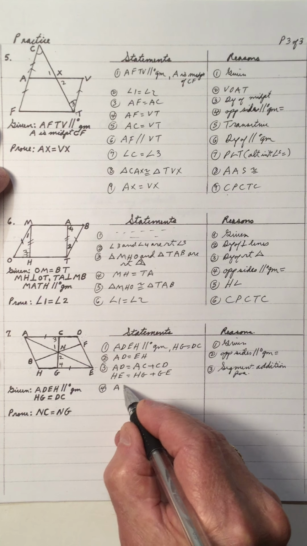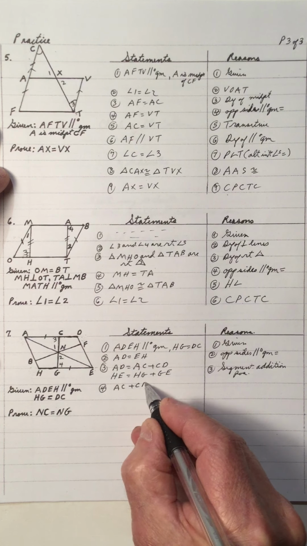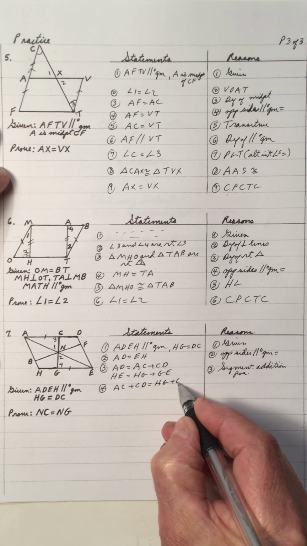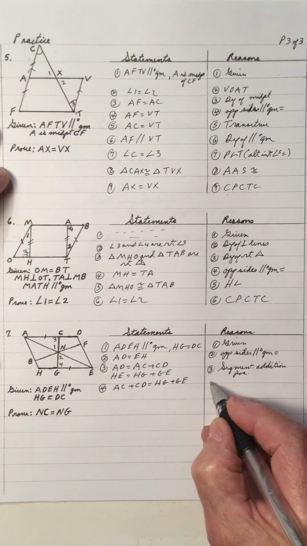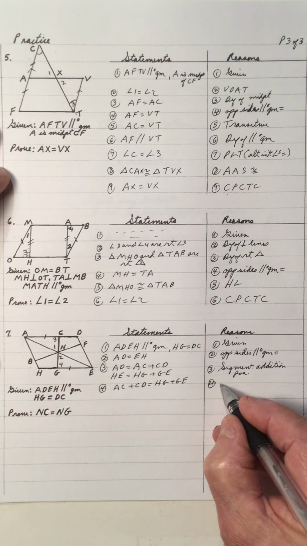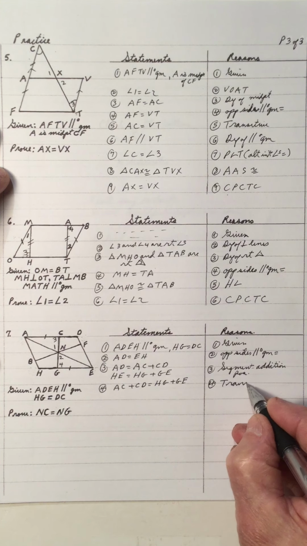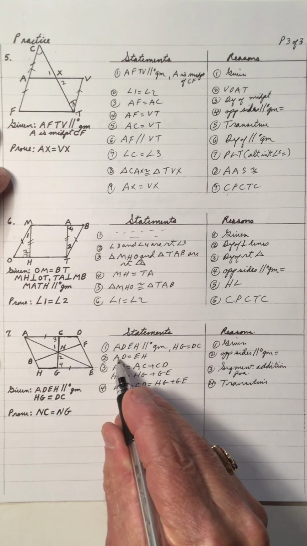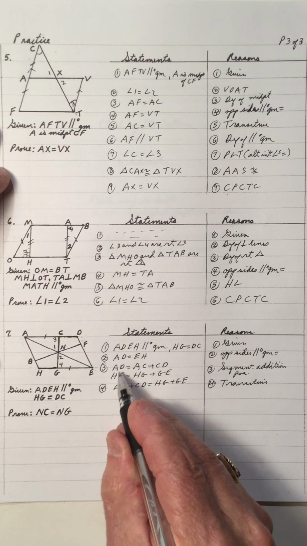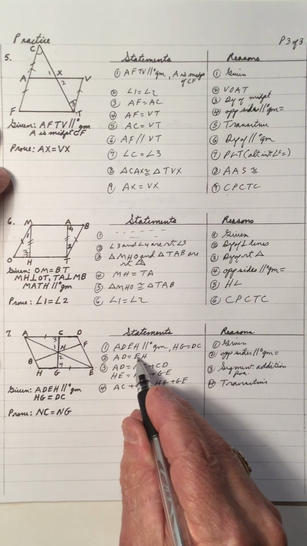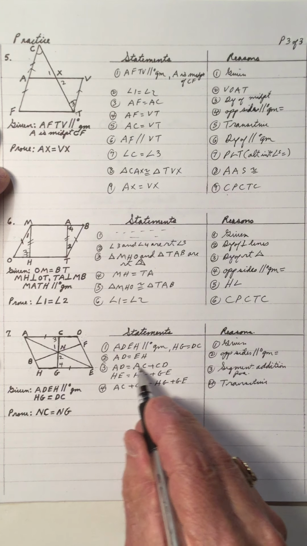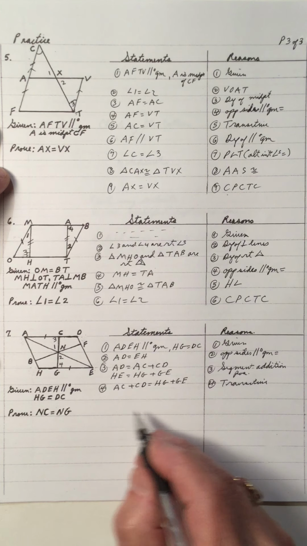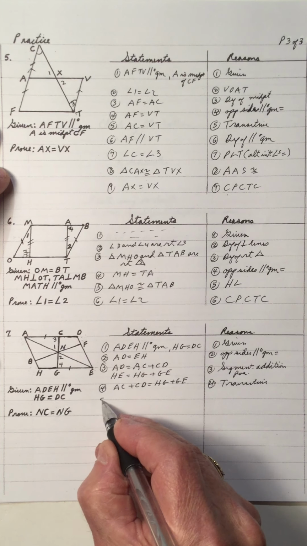That means that AC plus CD equals HG plus GE, and that's transitive. Notice AD is here, HE is here. Since they're equal in number 2, therefore the addition of these two equals those two by transitive property.